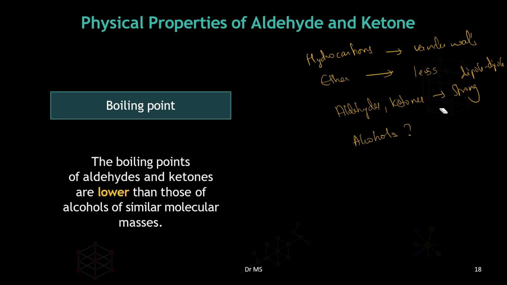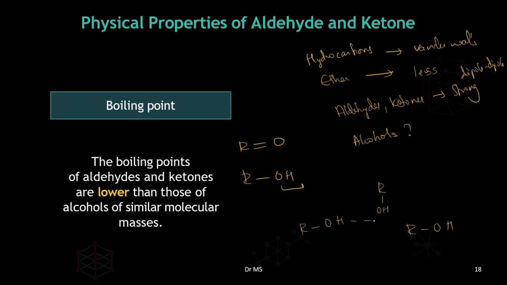So what is the phenomenon? What is alcohol? It is nothing but ROH. And what are aldehydes and ketones? It is R double bond O. So due to the presence of this OH group, it will enable strong hydrogen bonding in the alcohol network. Okay, you take the ROH, you take the other ROH, and there will be a strong hydrogen bond between hydrogen and oxygen.